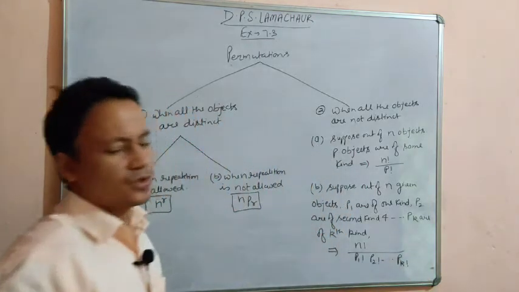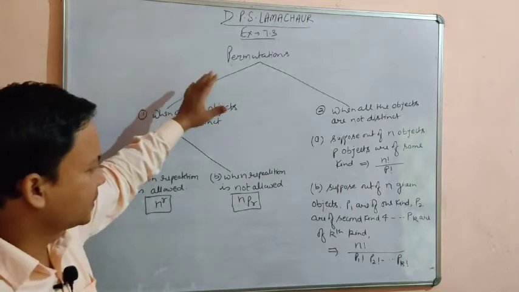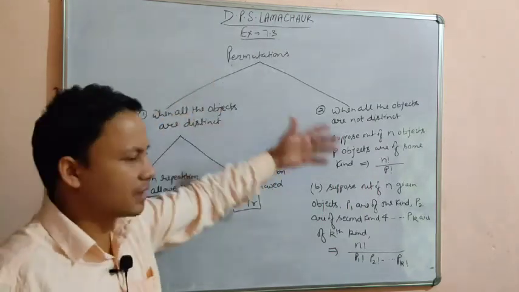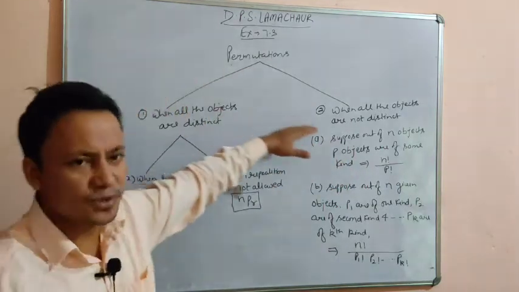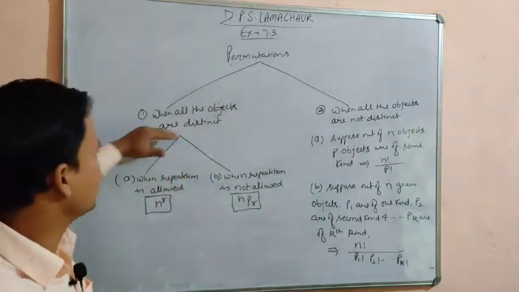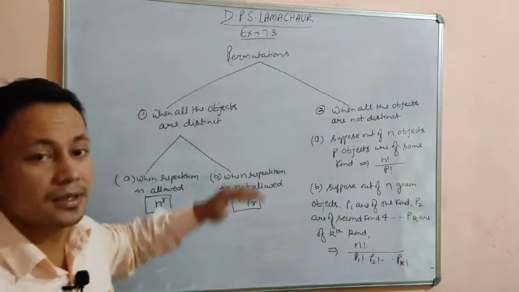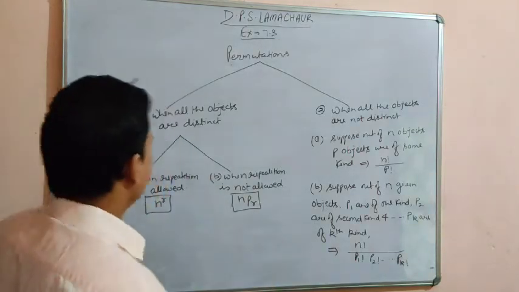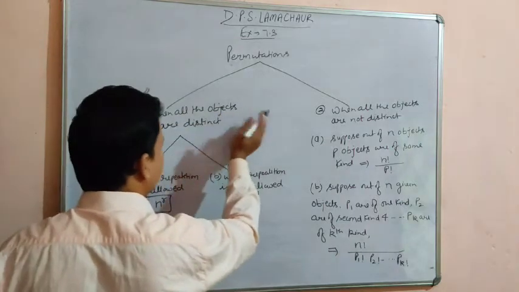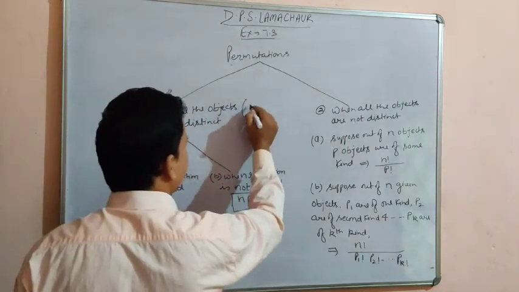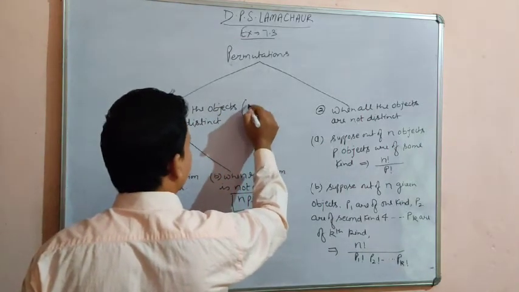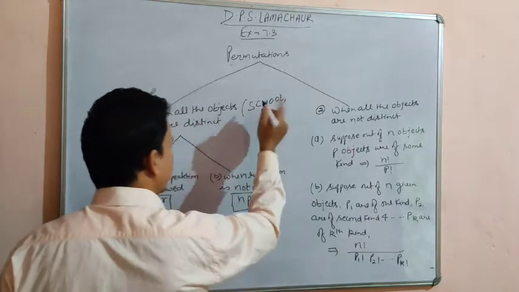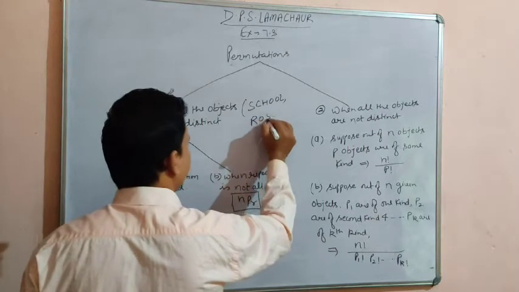Okay, so this is basically the concept of permutation. In your class, there are only two kinds of permutations we have to learn. The first one is when all the objects are different. Suppose you have been given a word, suppose SCHOOL, and another, ROSE.